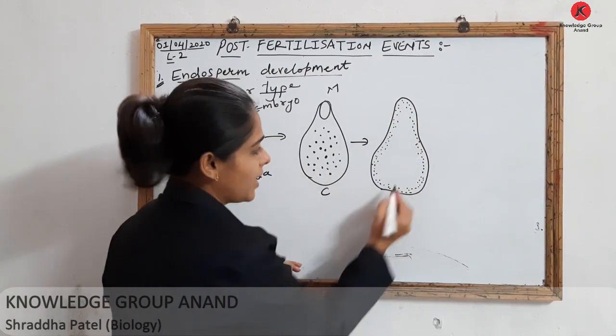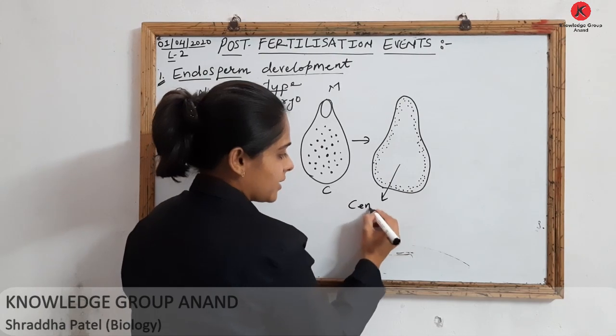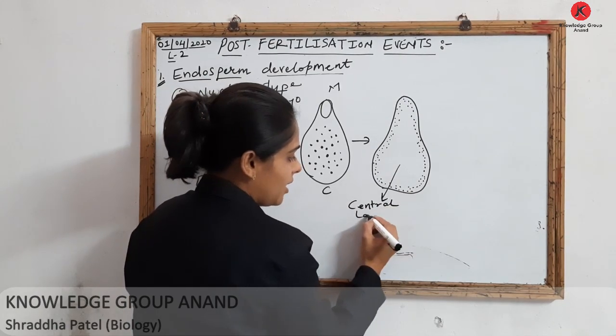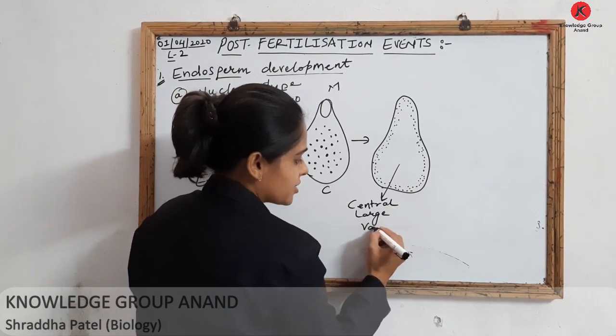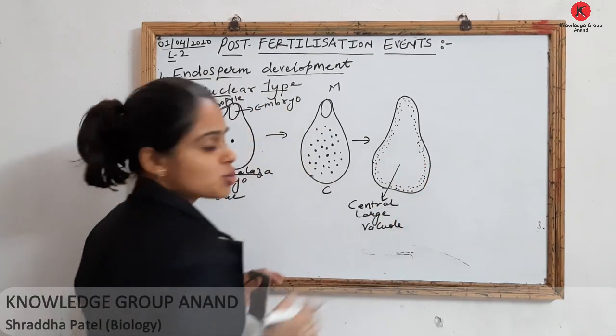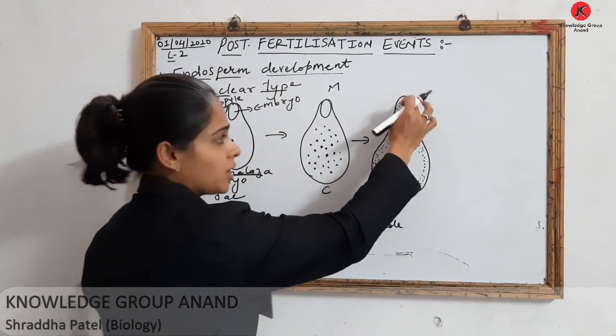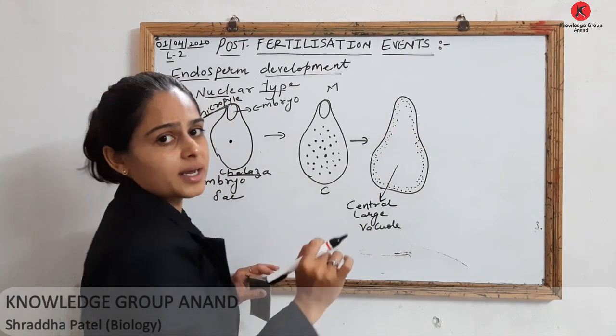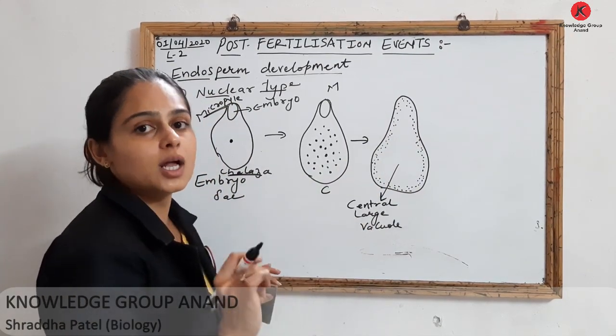Am I clear? As this nucleus keeps dividing, they are pushed towards the periphery, forming a thin layer and creating a central large vacuole, as you can see over here. So in the peripheral region there is a thin layer of your free nuclei.